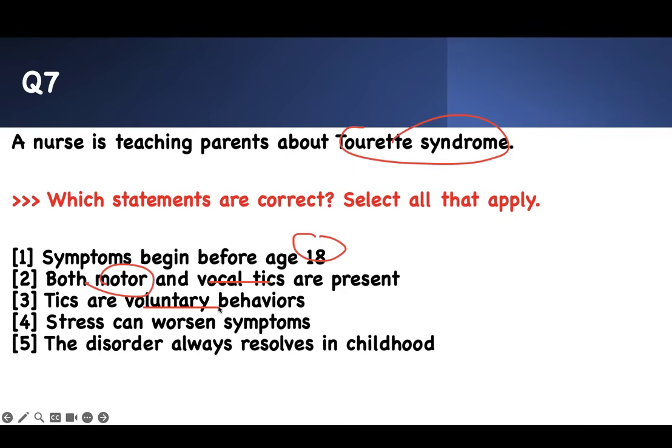It's not voluntary. They're smacking their head and they don't want to do that. If they are stressed, you will see it more, so stress can worsen it. It does not always resolve in childhood. It may persist. So 1, 2, and 4 are your right answers.